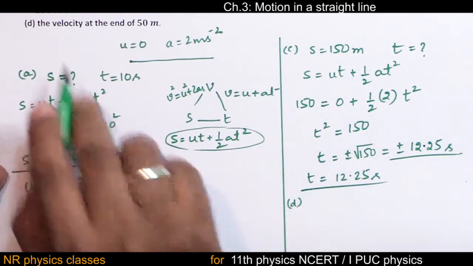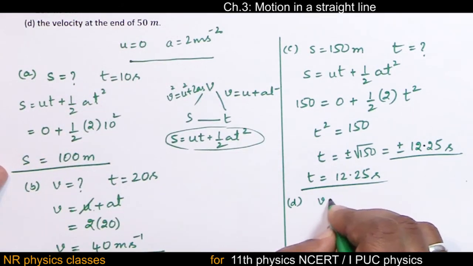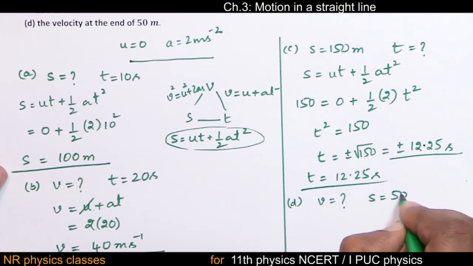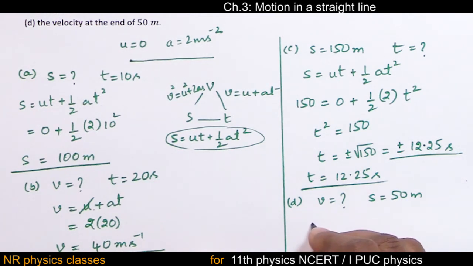Fourth, velocity at the end of 50 meter. Velocity, displacement 50 meter. Vs: V square equals u square plus 2as.